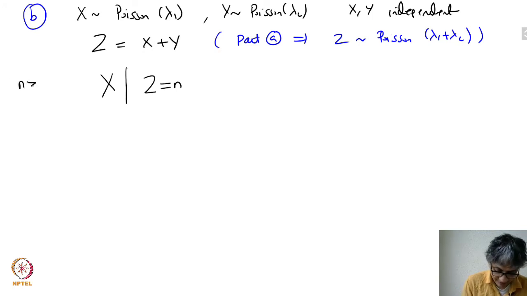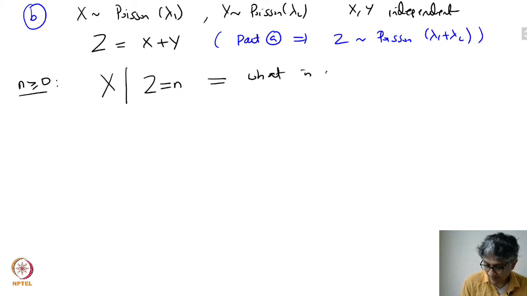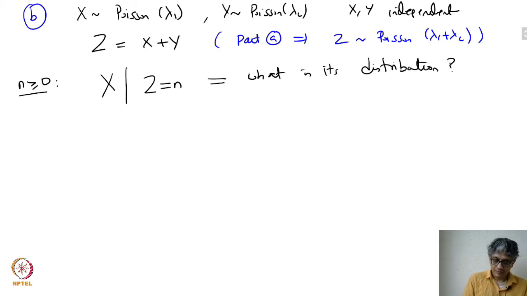Let's say N is equal to 0. What's the conditional distribution of X given Z? So this is a little tricky one. Let's see how to do this.